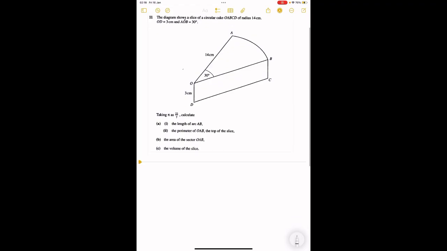So first of all, we're going to look at what exactly is an arc and what exactly is a sector. If you have a circle of radius r, and you cut this circle as such, and then you have this section here, this is a sector.